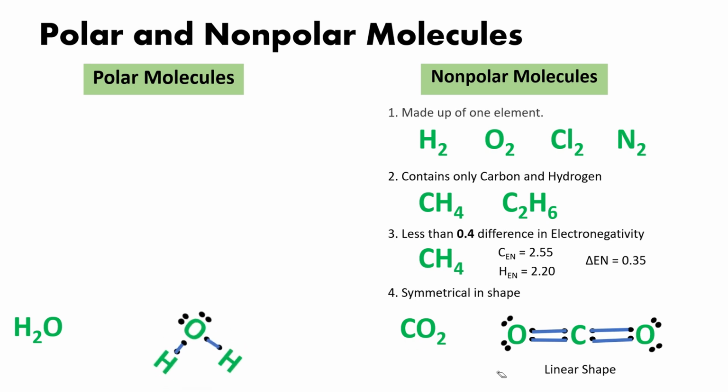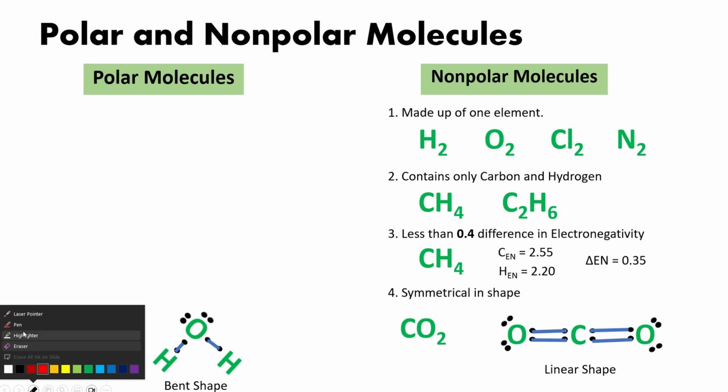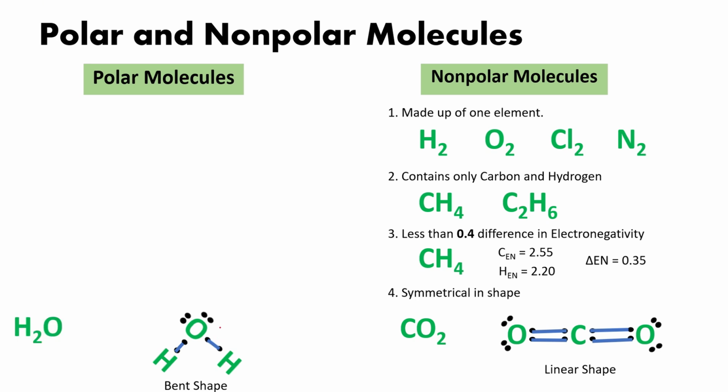So what kind of shape is this? This is what we call the bent shape. If we see, remember, this is our negative part, since the electrons are being pulled closer to the oxygen, while these are our positive part.